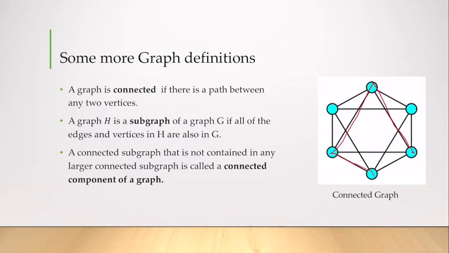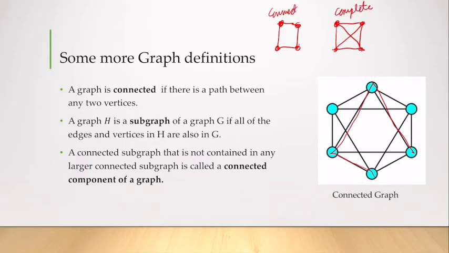Okay, so here's a connected 4 cycle, right? It's connected because there's a path from each vertex. It would be complete if there was a path directly from each vertex to each other vertex. So this is connected, and this is complete.